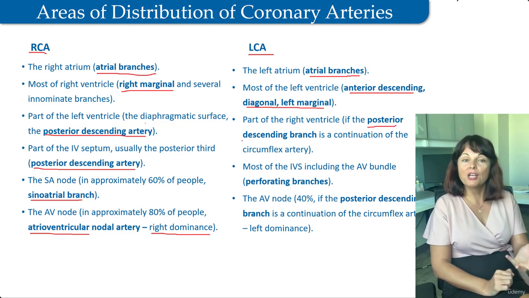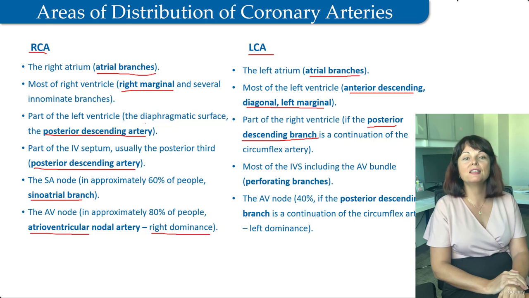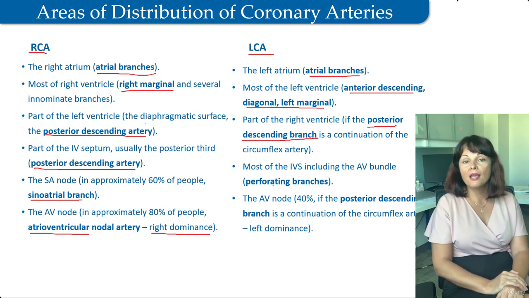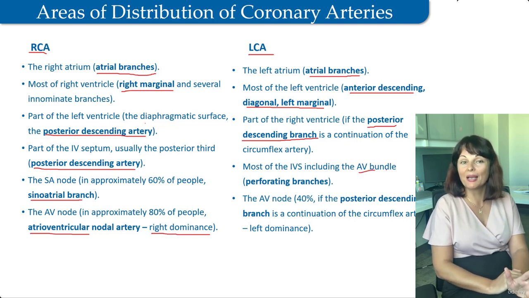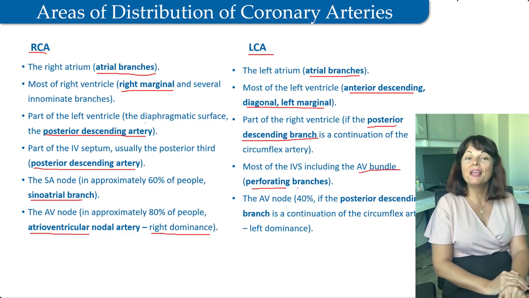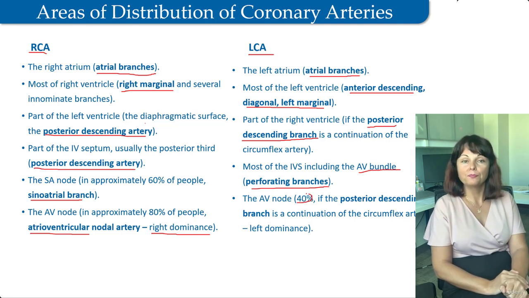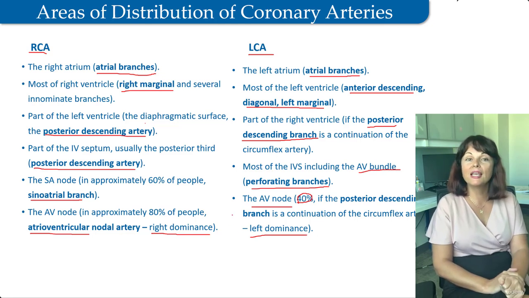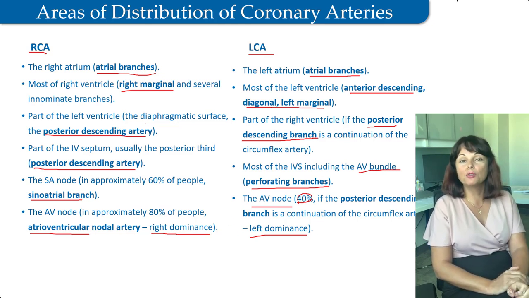Part of the right ventricle, if the posterior descending branch is a continuation of the circumflex artery, and additionally it supplies most of the interventricular septum, including the AV bundle, giving off the perforating branches to it. And in 40% of cases it supplies the AV node, if the posterior descending branch is a continuation of the circumflex artery, in case we have the left dominance of the heart.